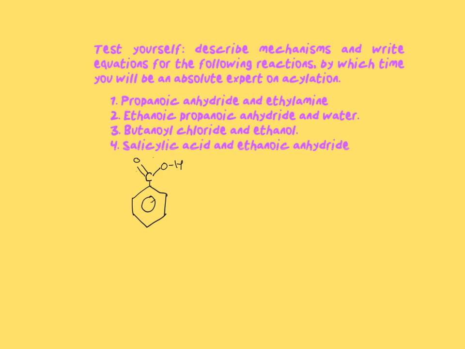Third one, butanoyl chloride and ethanol. And 4, salicylic acid and ethanoic anhydride, which makes aspirin. The formula for salicylic acid is given below, where it's a carboxylic acid group on a benzene ring and an OH group. So this is the nucleophile that attacks the ethanoic anhydride.